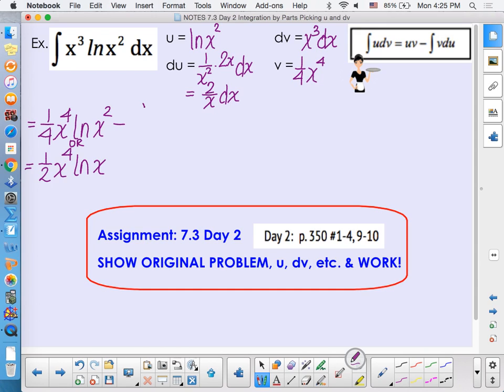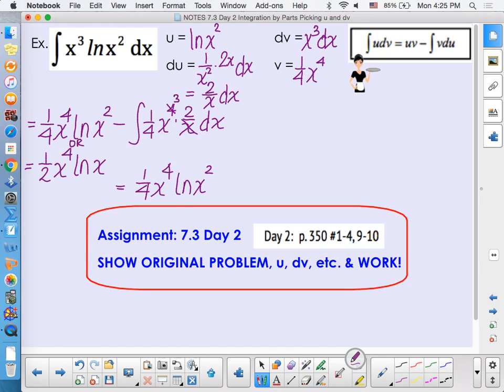Subtract, we'll have the integral of, again, v du. So if you need to, write it first, simplify it so that you can see. So rewriting that first part, now we've got to evaluate that integral. This x is going to cancel out one factor of x.